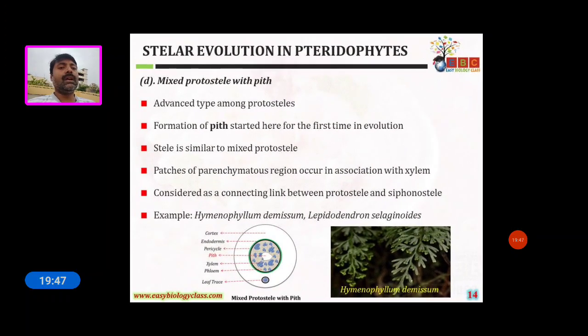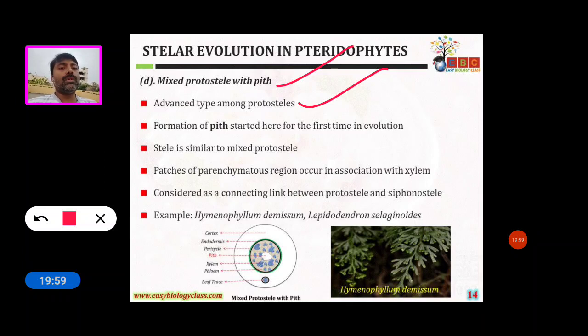And the next one is the mixed protostele with pith. This is the advanced type among the protosteles. The formation of pith started here. This is the first in the evolution.